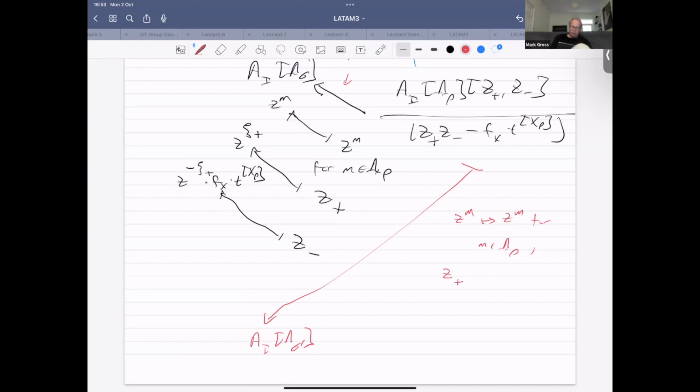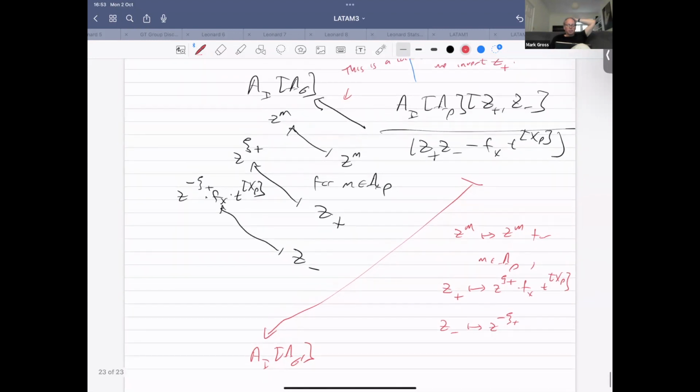This time z plus gets mapped to z to the c plus times fx times t to the x row, and z minus gets mapped to z to the minus c plus. And again, you can check that this satisfies the given equation. Okay, so this gives the desired inclusions.